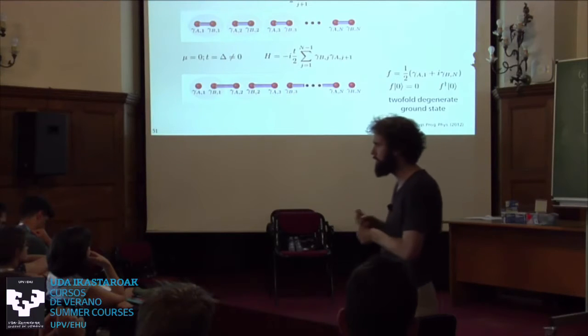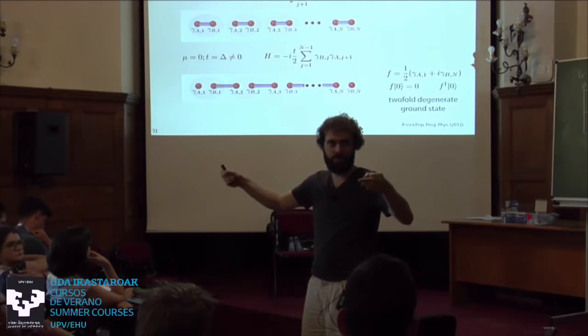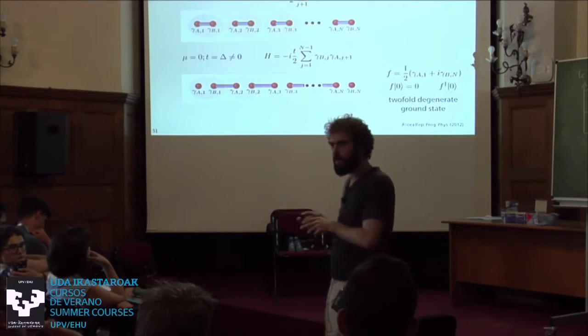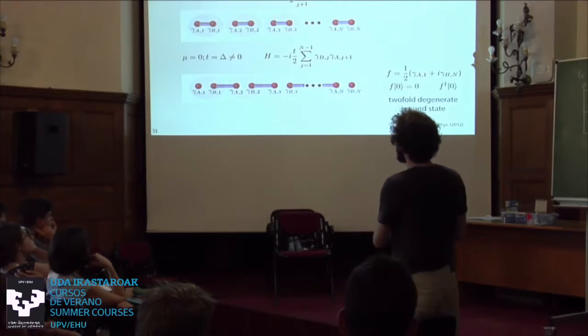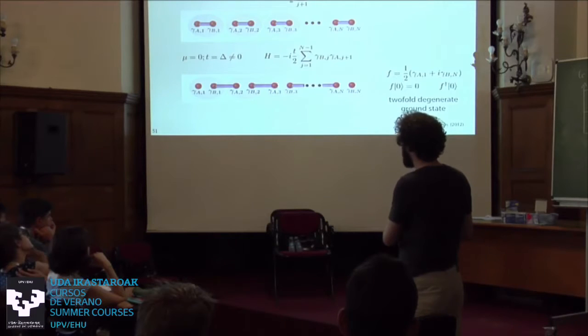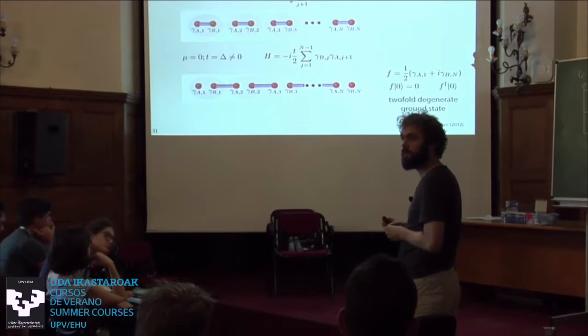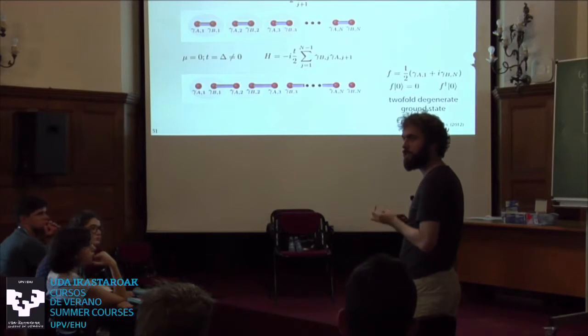So basically what happens is that I took one fermion and split it up into two halves, and these two halves are localized on the edges of the chain. And these are the Majorana modes that some people are hunting for vigorously.